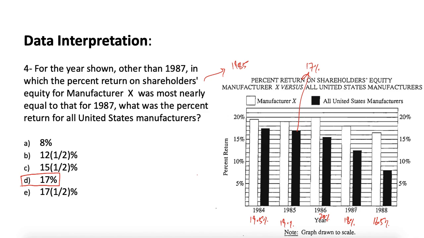So other than 1987, we need to see the other 4 years, and we need to find which year has the percent return for manufacturer X closest to that of 1987, and that is the year 1985. Now we have figured out that year. The question asks what is the percent return for the same year 1985 for all United States manufacturers, and that is equal to 17%. That's why D is the answer.